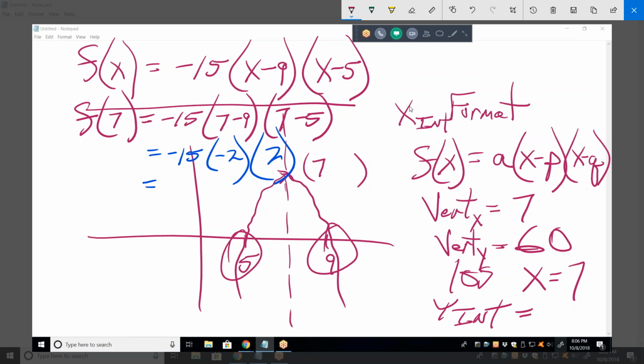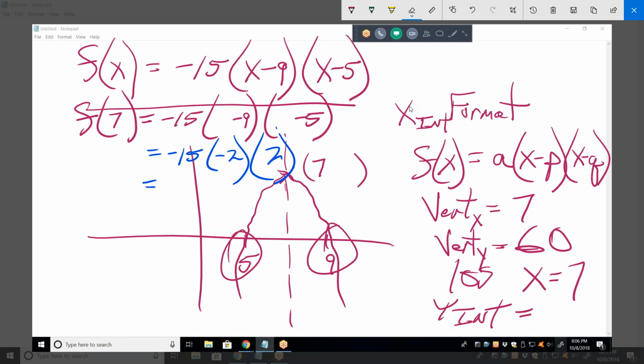The y-intercept is, oh, so that would be, just substitute 0 for x.